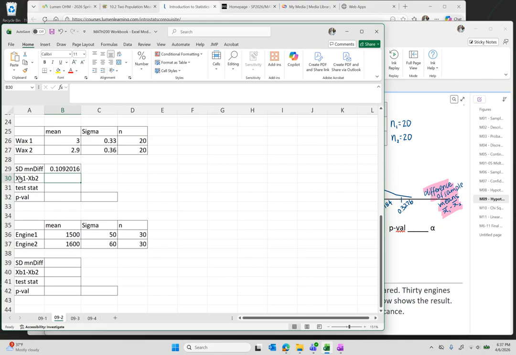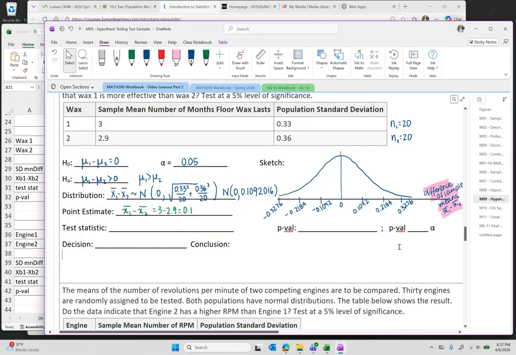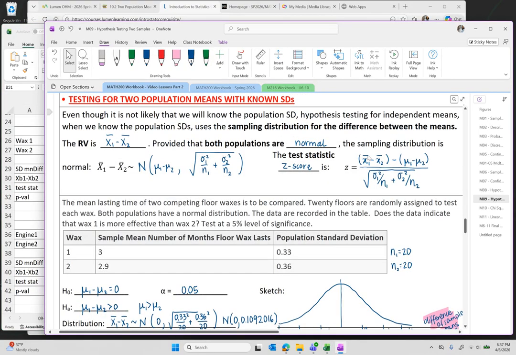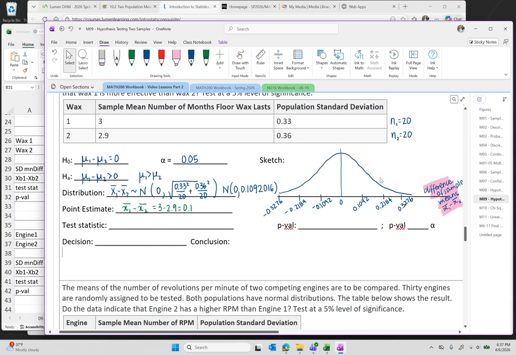I can also find it here, x1 bar minus x2 bar equals this 3 minus this mean 2.9. And then the test statistic will be this z-score, that is the difference that I found of the two means minus the theoretical difference of the means, which is 0, divided by the standard error that I calculated. So the test statistic will be a z-score that is equal to 0.1 minus 0 divided by the standard deviation, 0.1092016.